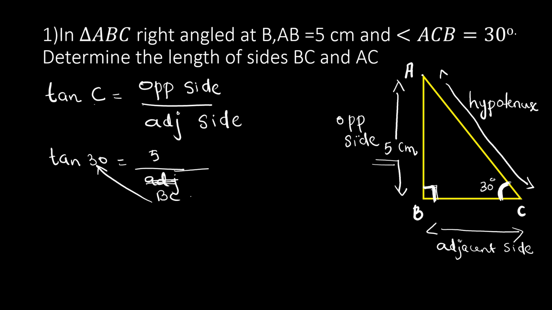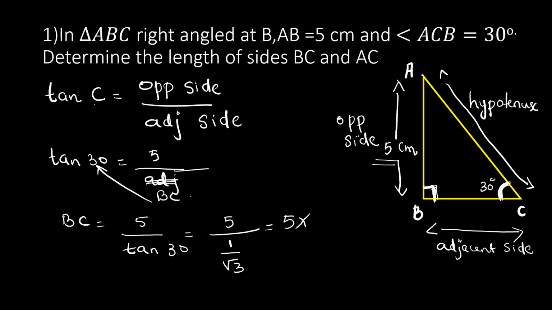BC equal to 5 divided by tan 30. Now from the table, tan 30 is 1 by root 3. This is equal to 5 into, when we divide a fraction, we multiply by the reciprocal. The reciprocal of 1 by root 3 is root 3 by 1. Therefore BC is equal to 5 root 3.